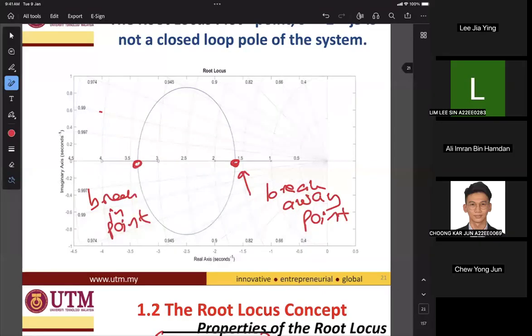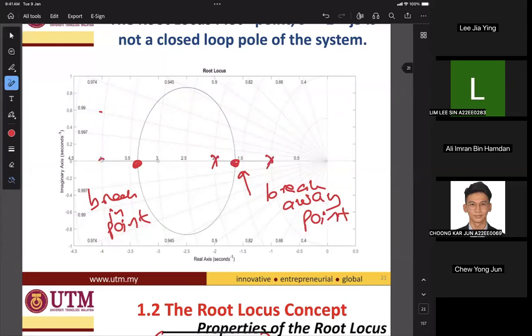Lim Lee Sin. Lim, are you sleeping? What is the difference between break-in and breakaway point? We can see that breakaway is between two poles, am I right?